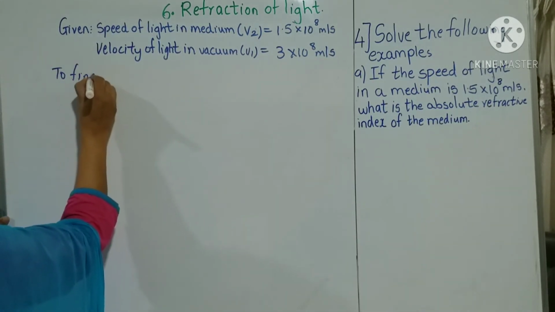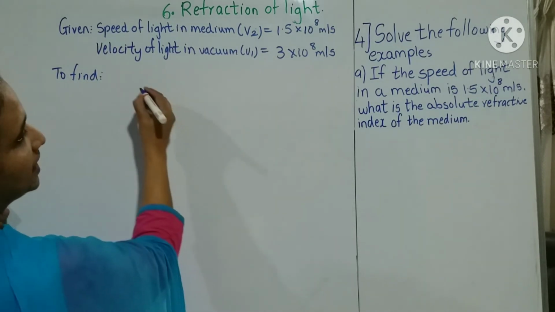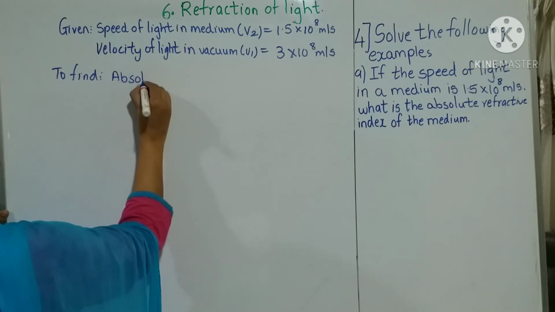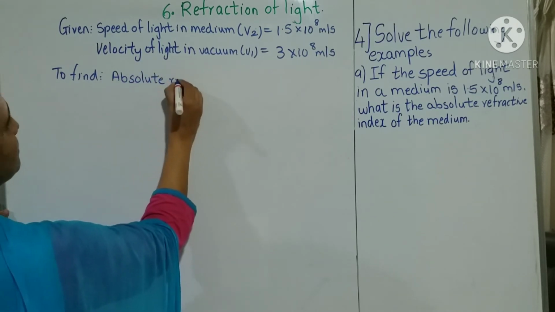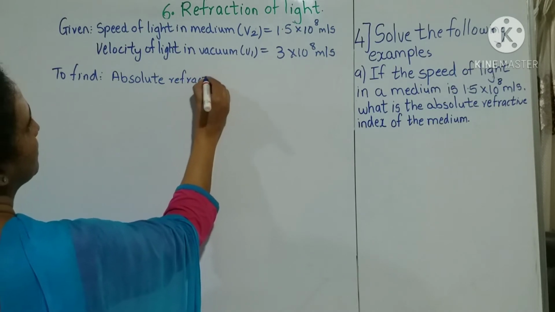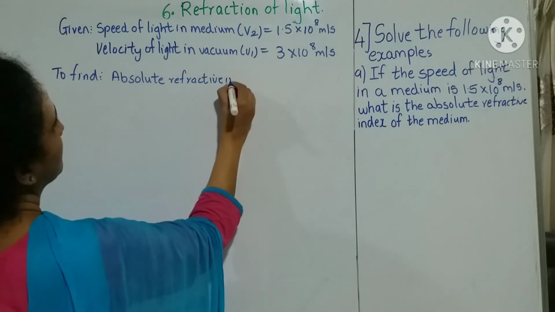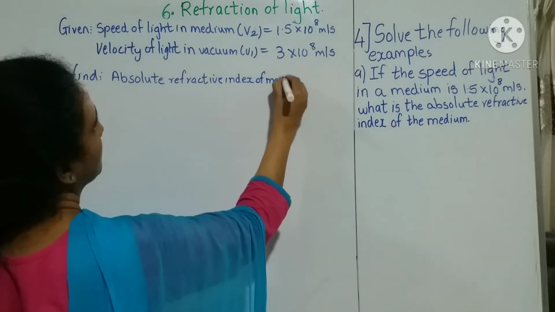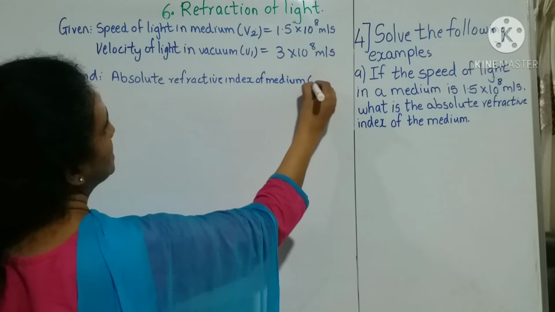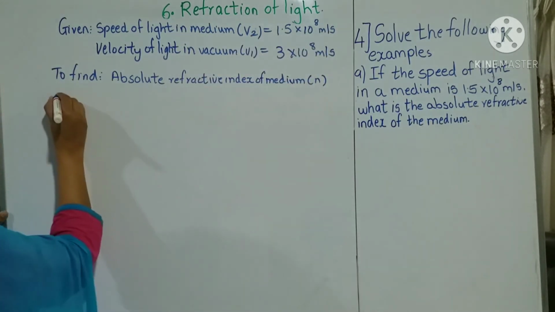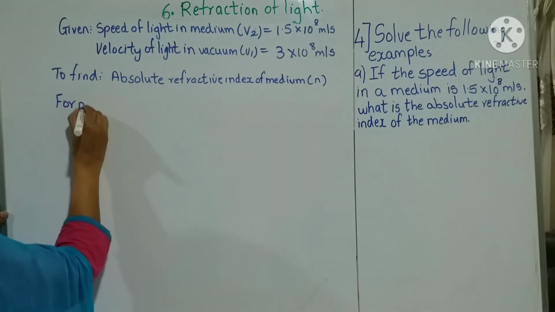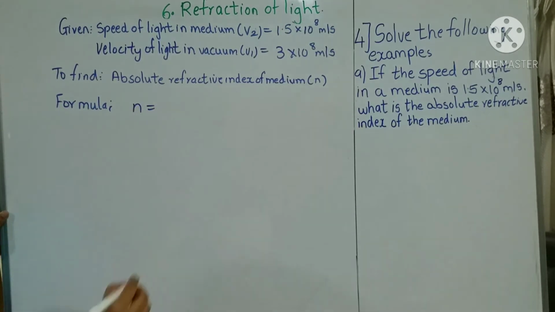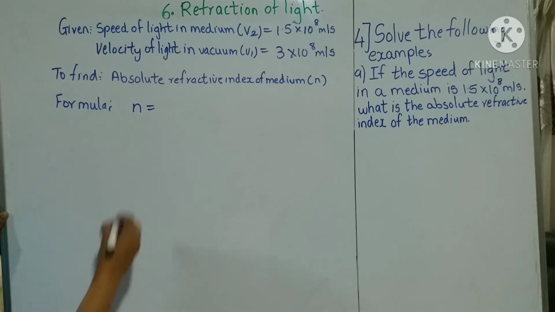We are going to find the absolute refractive index of the medium. It is n. So write down the formula. N is equal to V1 upon V2.